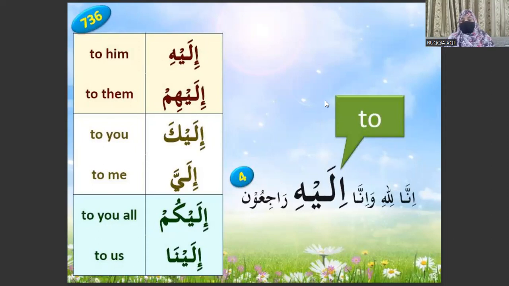It means to. Inna lillahi wa inna ilayhi raji'un. Ilayhi, to him. Please raise your hands. Who wants to do the revision? Okay, brother Hashim, please go ahead.